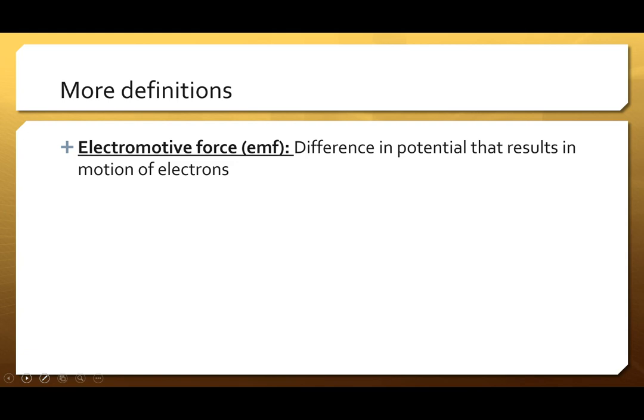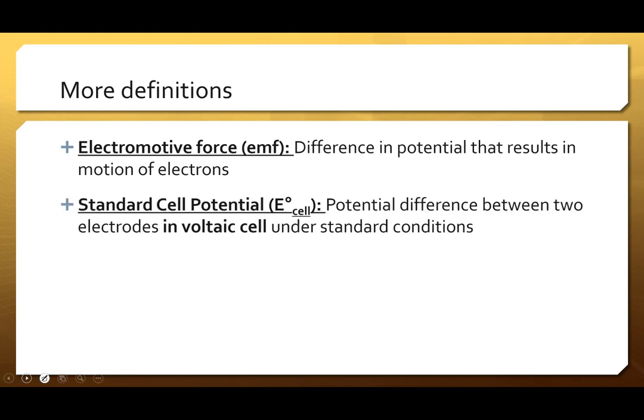EMF is going to be the difference in potentials that result in the motion of electrons. So we're going to look at the potential in one side of our cell. We're going to look at the potential in the other side of the cell, and we're going to look at the difference between those. That difference is what is going to dictate if electrons flow and which way the electrons flow.